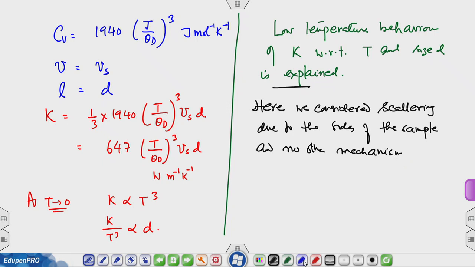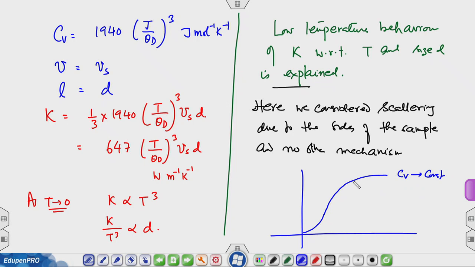If this was the case, what one would expect is that this will go as T cubed, and then as one goes up, it should actually become a constant, because C v goes to a constant. V may go down a bit, but some constant, and D is D. So, this is the behavior one should expect.